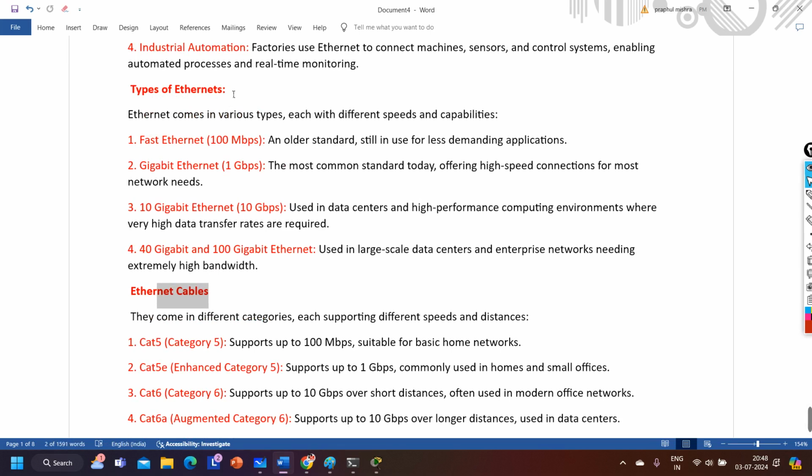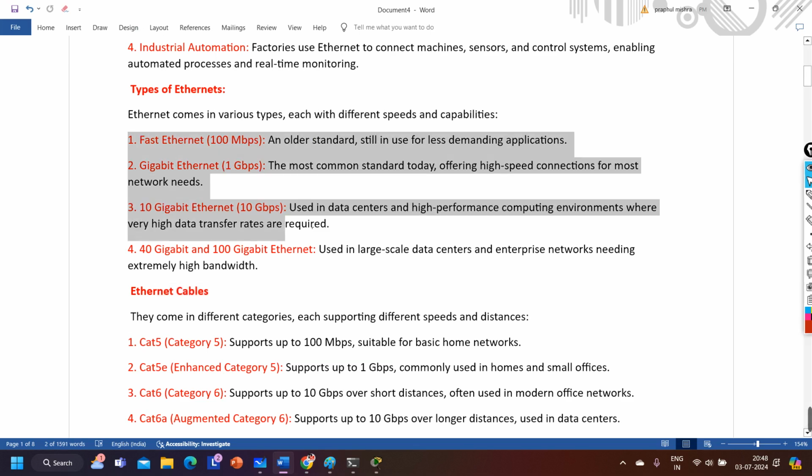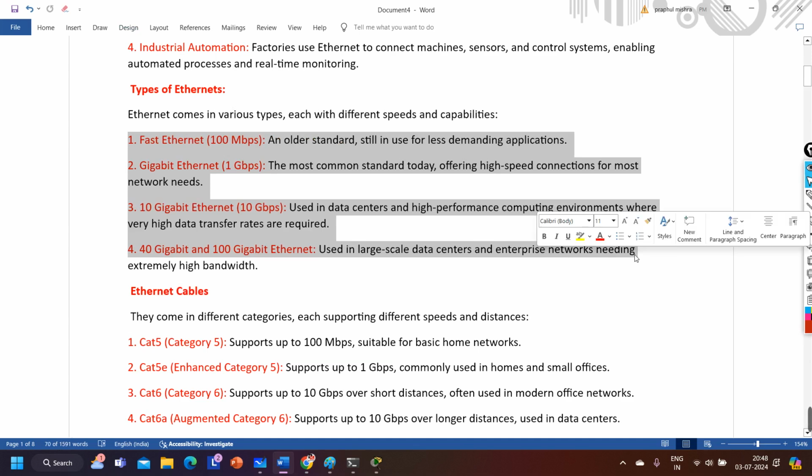Because we have a difference in terms of speed only between all of these, otherwise they are all the same. There is no difference between Fast Ethernet and Gigabit Ethernet, or between Gigabit Ethernet and 10 Gigabit Ethernet, or between 10 Gigabit Ethernet and 40 Gigabit Ethernet. No difference, all are exactly the same, right? So the difference is in terms of speed only. That's it. Clear?